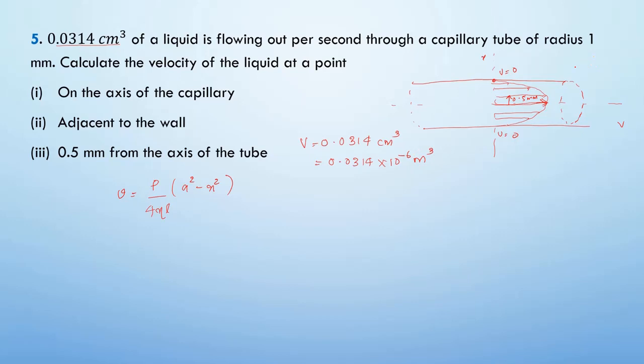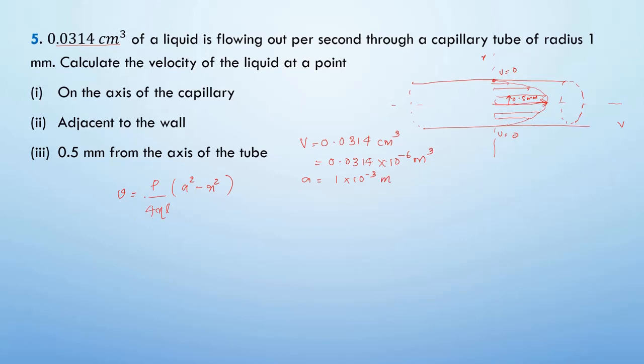And the radius a is given as 1 millimeter, so 1 into 10 to the power negative 3 meter.